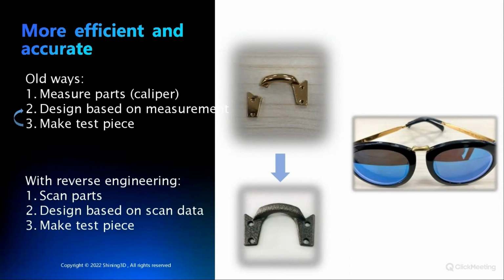So you may have to do the measurement again if you missed certain areas, or if you manufacture a test piece and see that it's not fitting well. If you're using scan data, usually you can reduce this and you can efficiently get the measurement of the object.